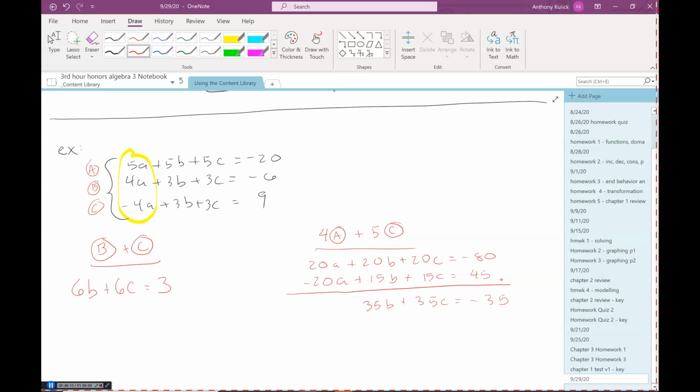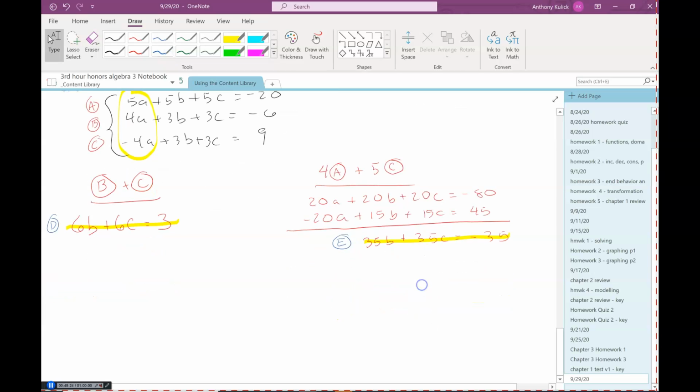I'm going to refer to this as equation D, and this one as equation E, because these two now are going to make a new 2-variable system.